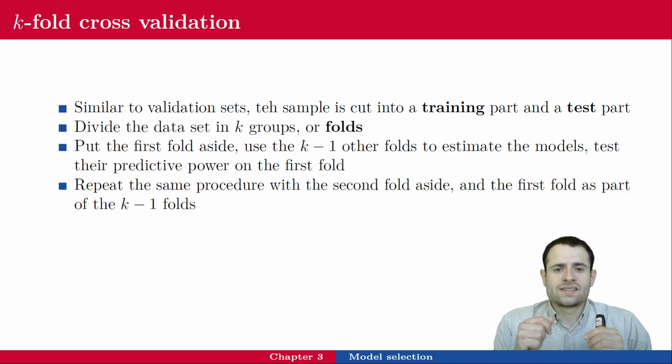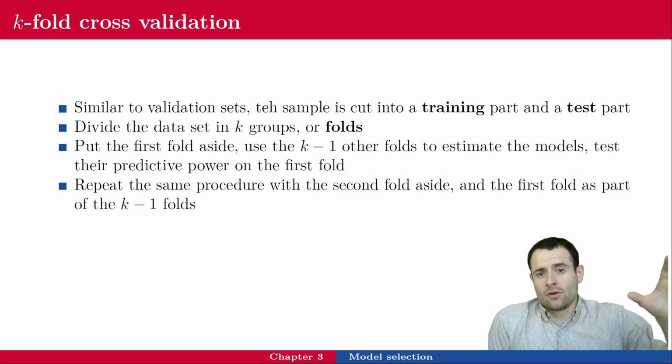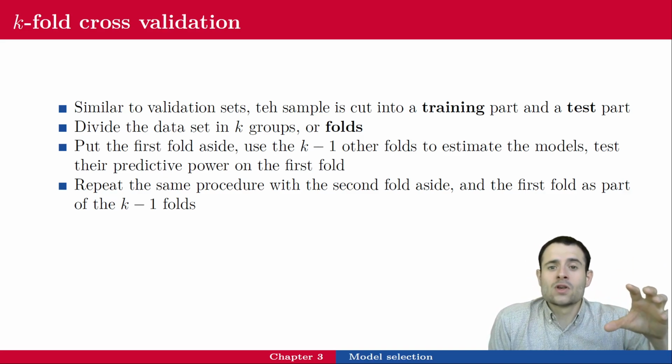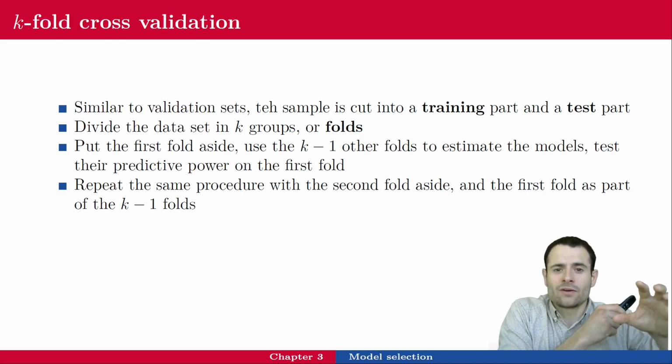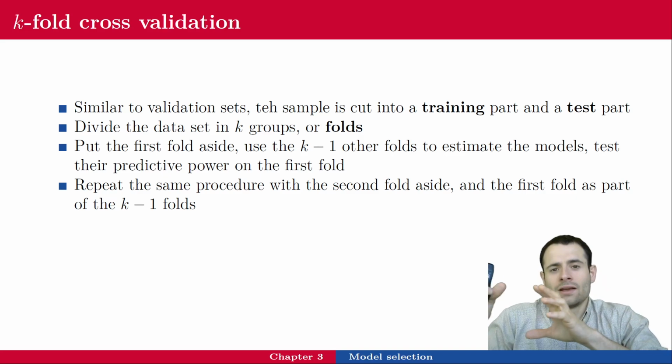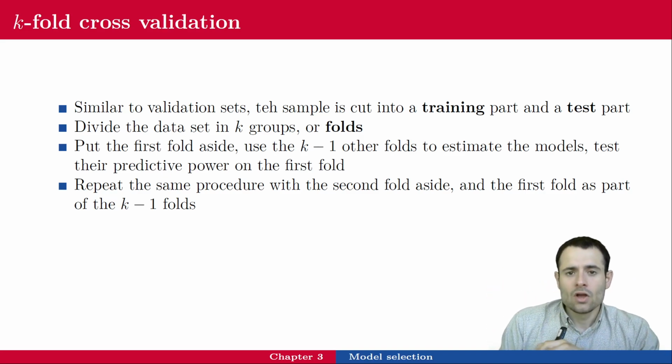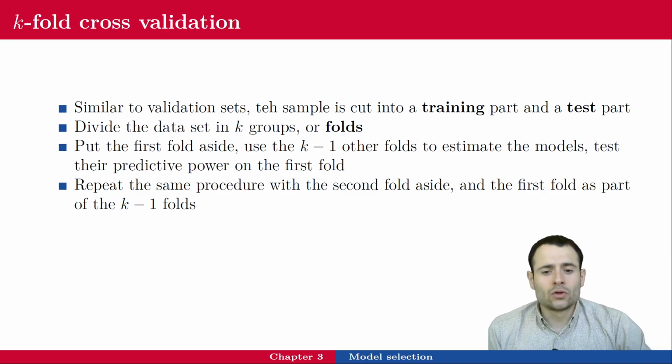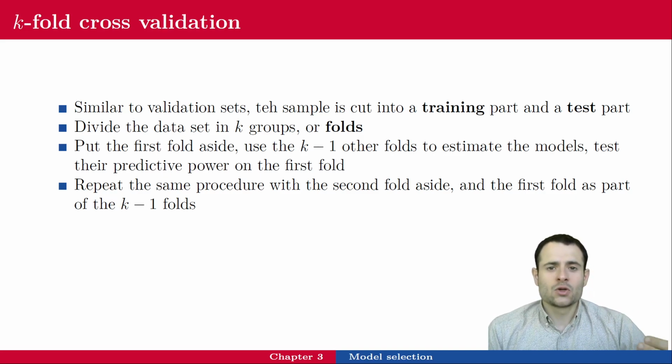In the second step, when I take the second fold out, now I'm using the first fold as training, but it was used as a test just before. And I'm using third, fourth, fifth again as training. So you're going to do this k times because you have k folds, and so you're going to get k test MSEs.